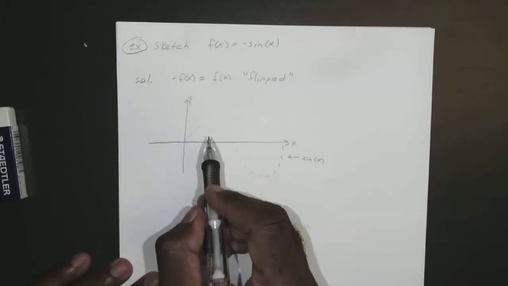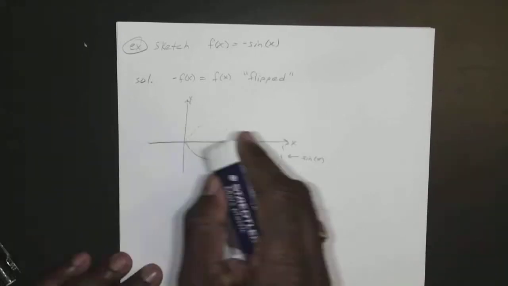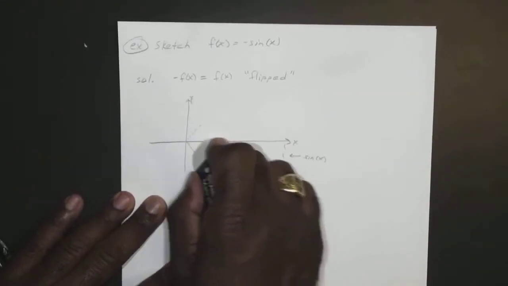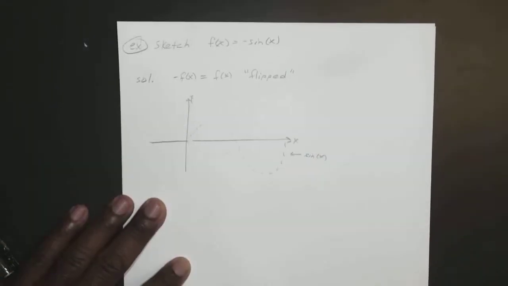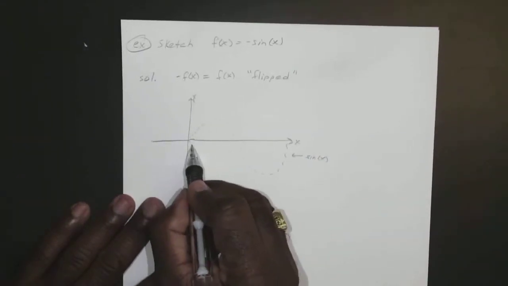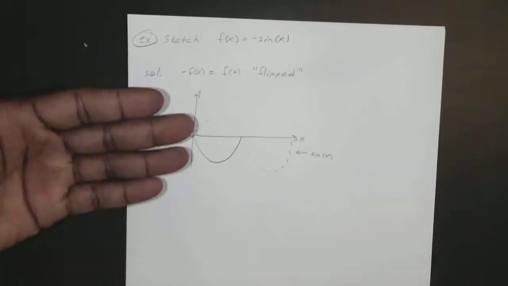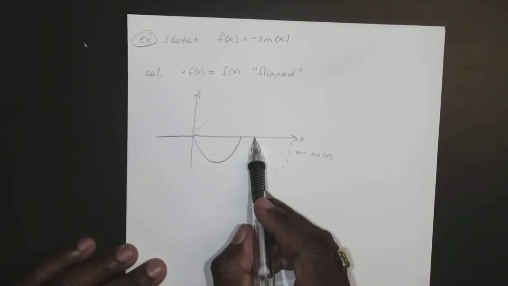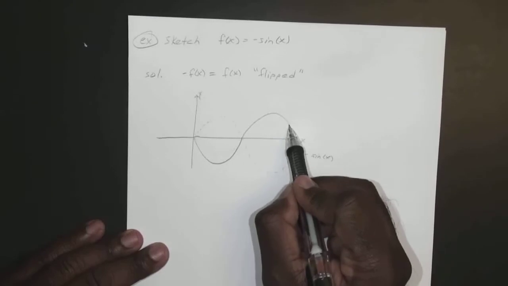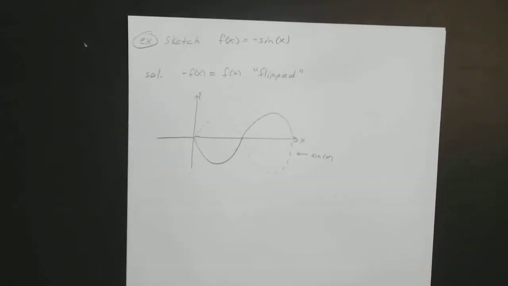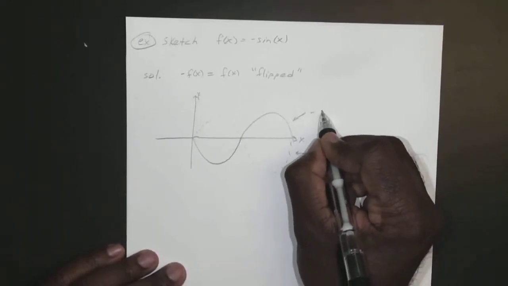So that means this now becomes, make that a little bit bigger. Okay, so that becomes like that. All we did was flip it. And this flips and becomes positive, so that now becomes that. So this is our negative sine of x.